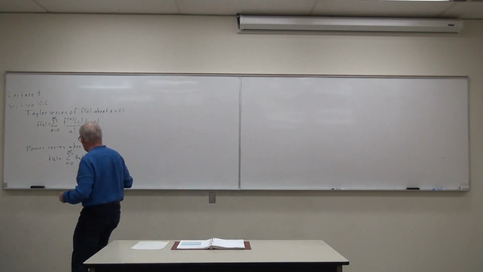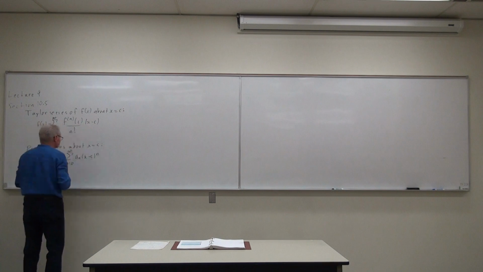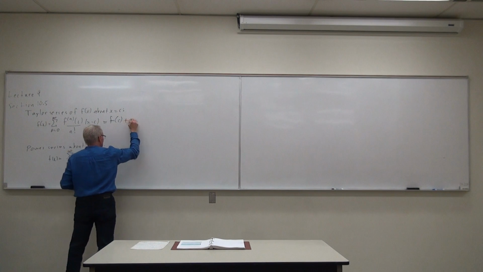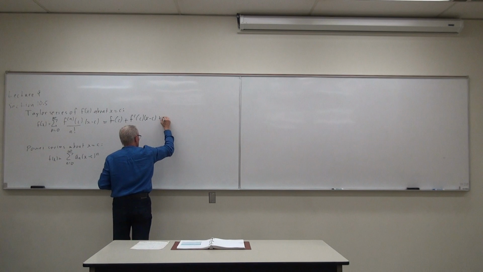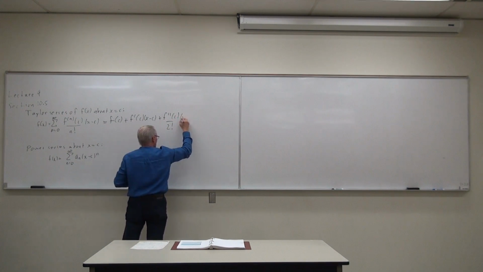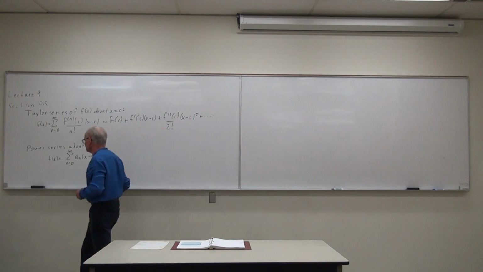And this is what it looked like, within sigma notation. We're going to cut terms out. We would have f of c, f prime c times x minus c, f double prime c over 2 factorial times x minus c squared, on and on and on it goes.